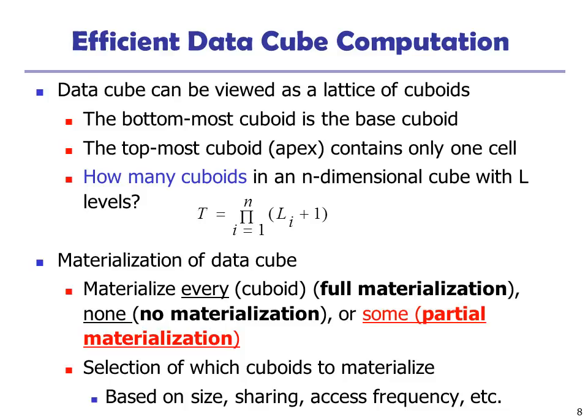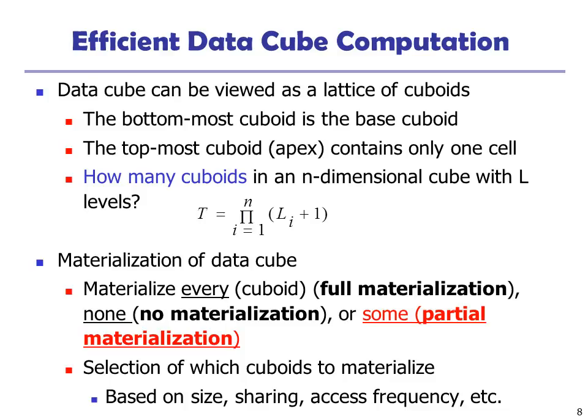The first one is full materialization, where you materialize every possible cuboid from the data cube. The second one is no materialization at all. You look at the entire cube and you have to access the entire cube even if you need just a small bit of data. Then you have partial materialization, where you're only going to materialize some of the cuboids and not all of them, depending on the interestingness of those fewer cuboids.